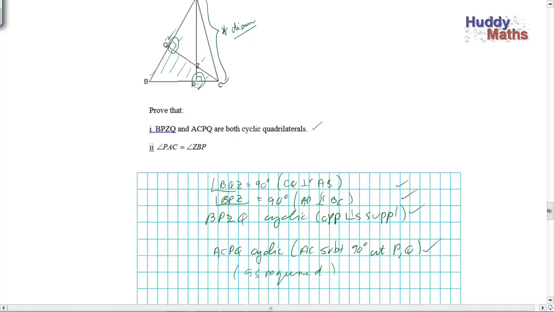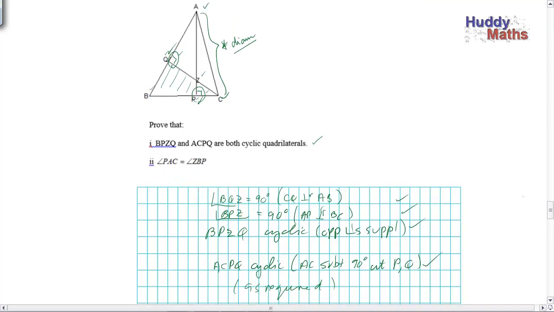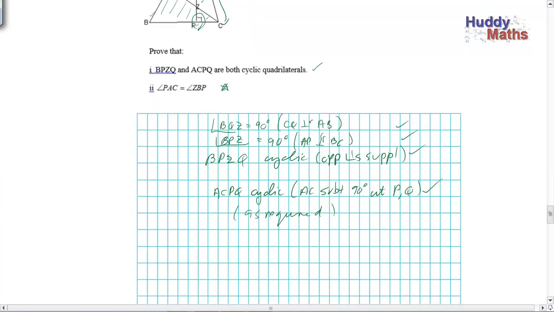Okay, let's go on. Angle PAC, we've got to prove that angle PAC, this angle, equals ZBP. Okay, so let's have a look at what we could do there. Let angle ZBP be alpha, or I'll call it alpha 1.